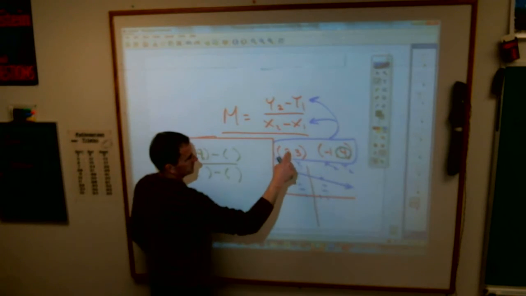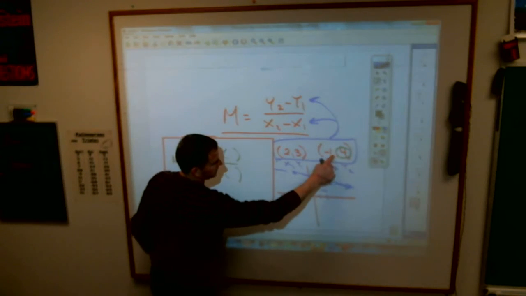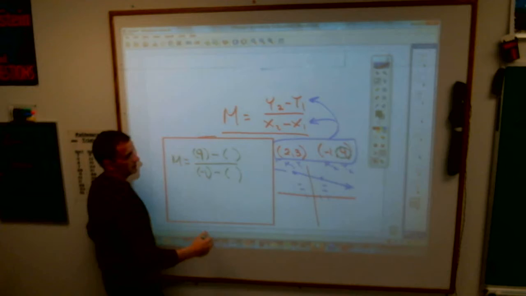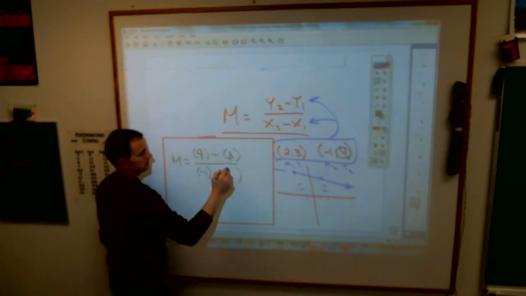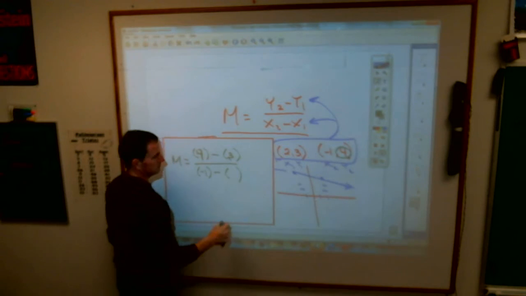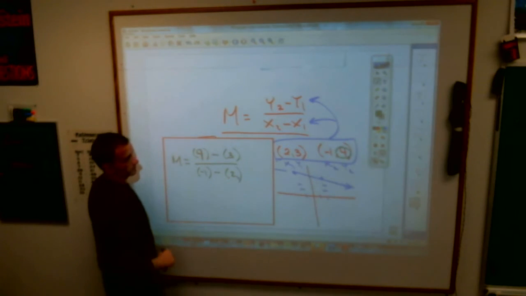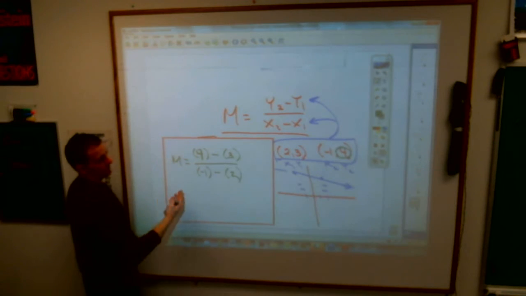Okay, this is my x2, oh, I'm sorry, this is my x2. My y1, I called this my y1, so it's 3. And my x1 is 2. All 4 points are put right there. Then you just do the math.